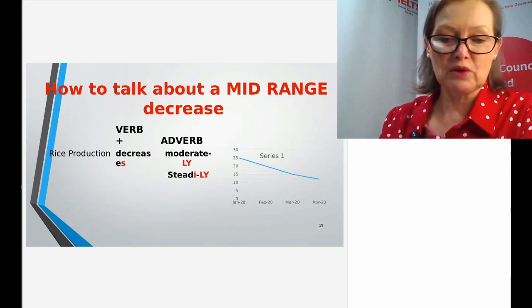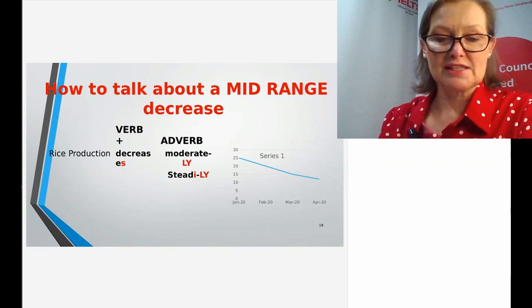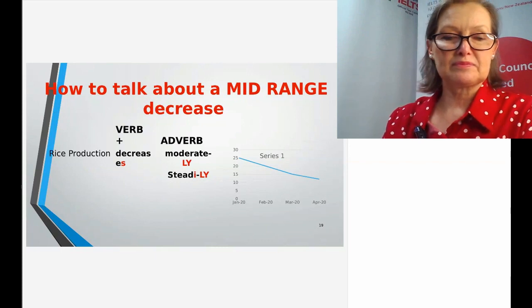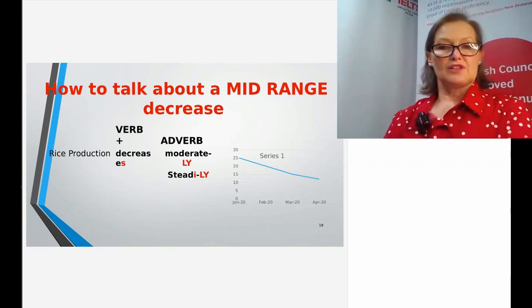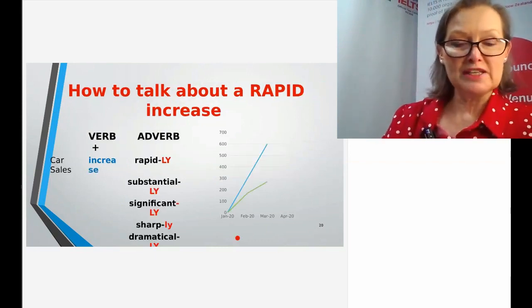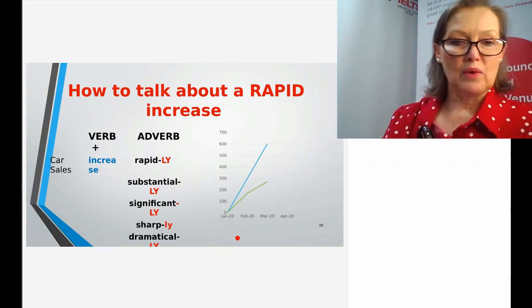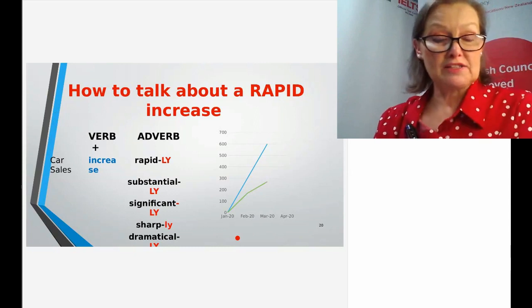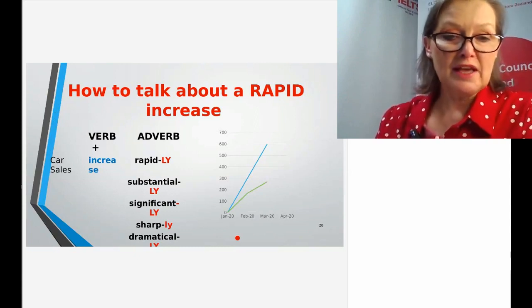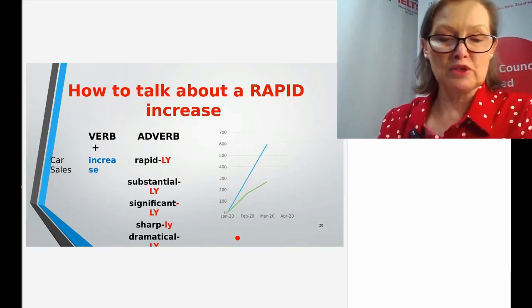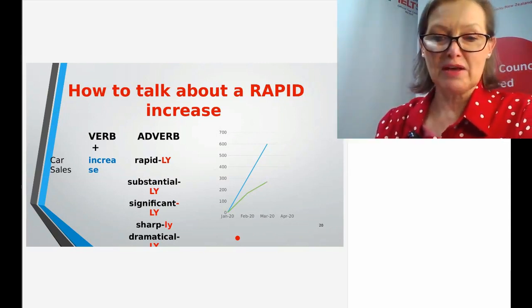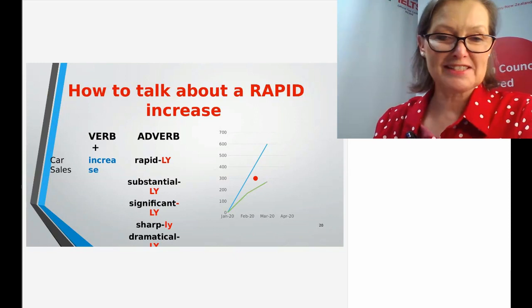But first, let's have a look at a rapid increase and decrease. So how to talk about a rapid increase? Once again, I'm going to use my verb increase, and you're going to practice that with other verbs shortly. And have a look at these beautiful adverbs, these very descriptive adverbs to describe a very steep increase.